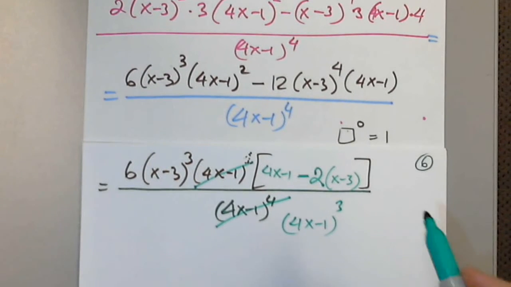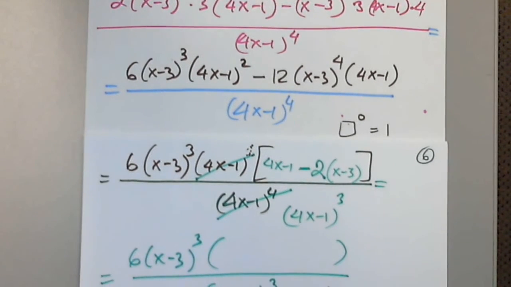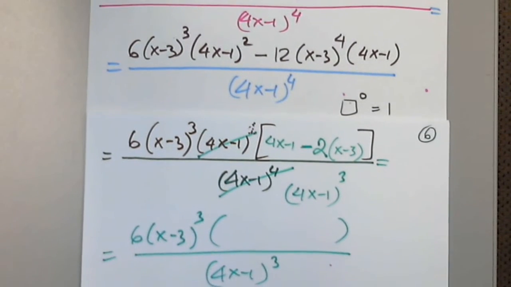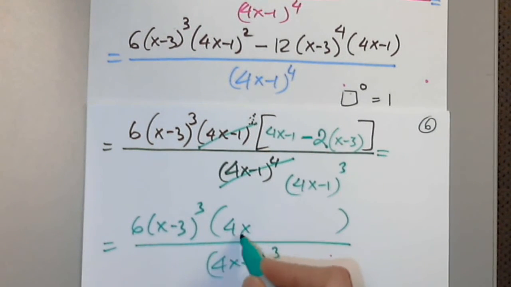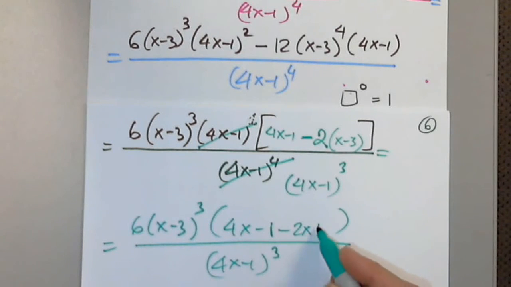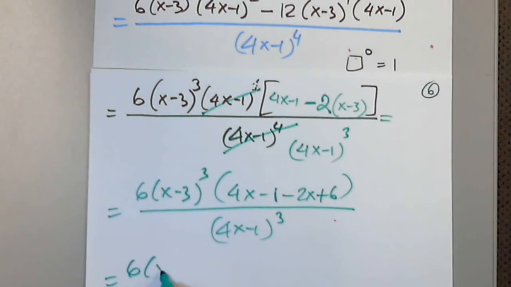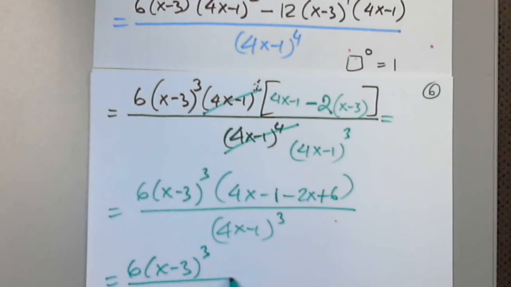Good. So then, 6 times (x minus 3) cubed, what do I have in parentheses? 4x minus 1. 2x. Very good. 6. Very good. Awesome. So then finally I get 6 times (x minus 3) cubed.